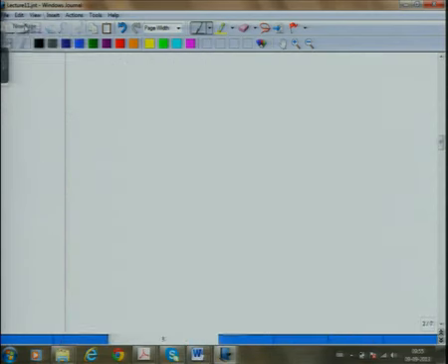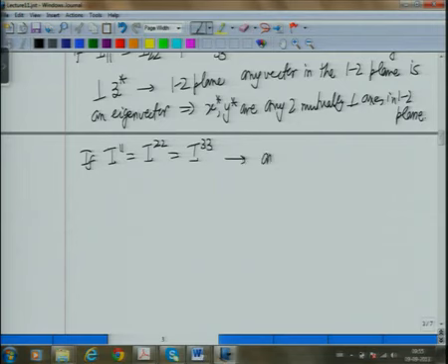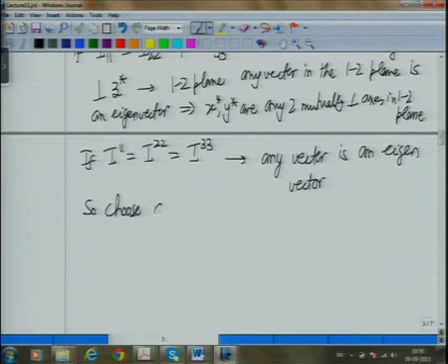If I11 is equal to I22 is equal to I33, this implies any vector is an eigenvector, and so choose any three x, y, z which are mutually perpendicular. Is that fine?